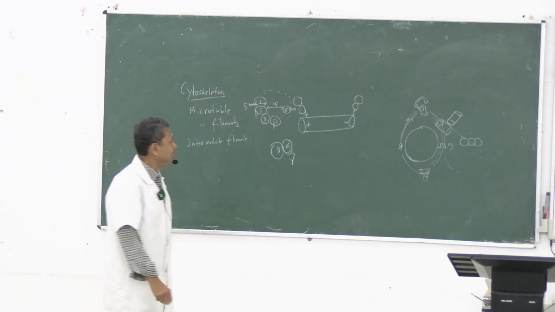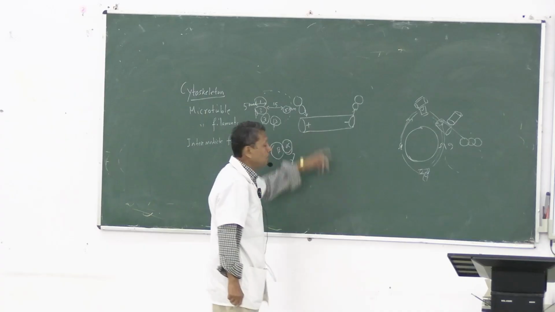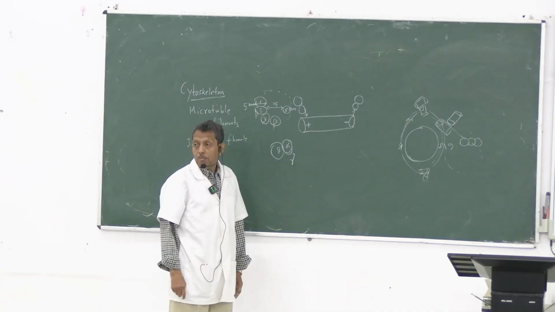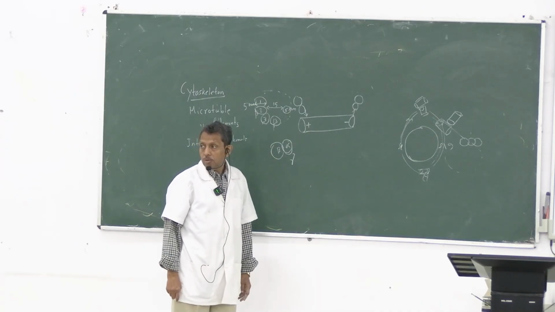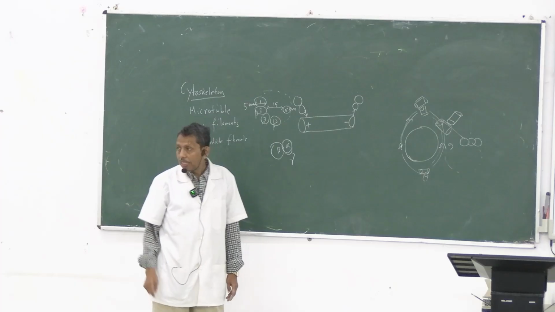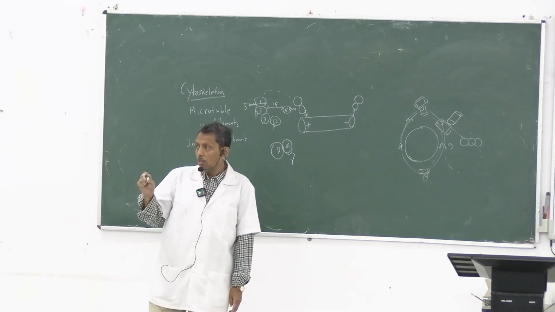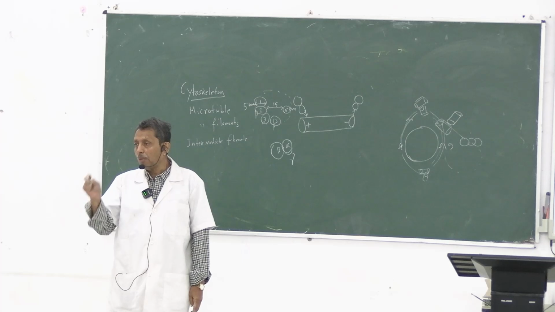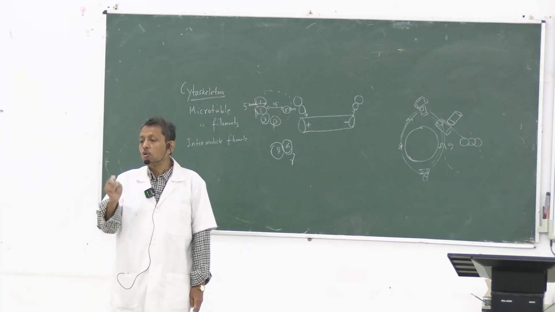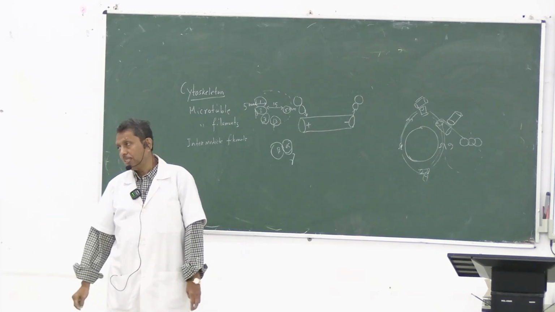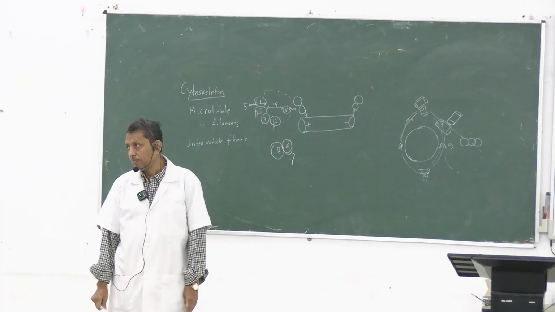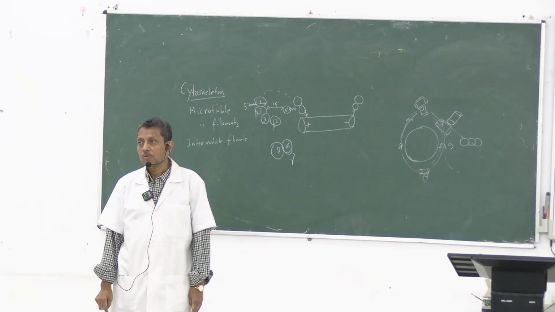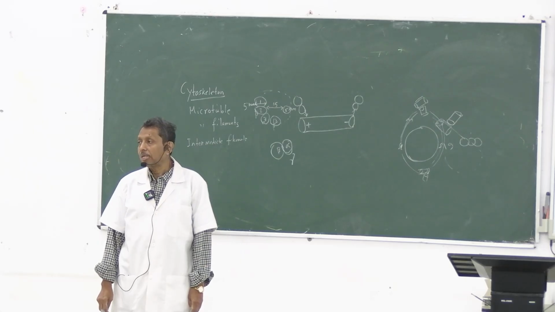So this is the role of microtubules and molecular motors. They also provide the tracts by means of which proteins, vesicles, small molecules and mitochondria can go from one side of the cell to another. With the help of molecular motors they can do this function.